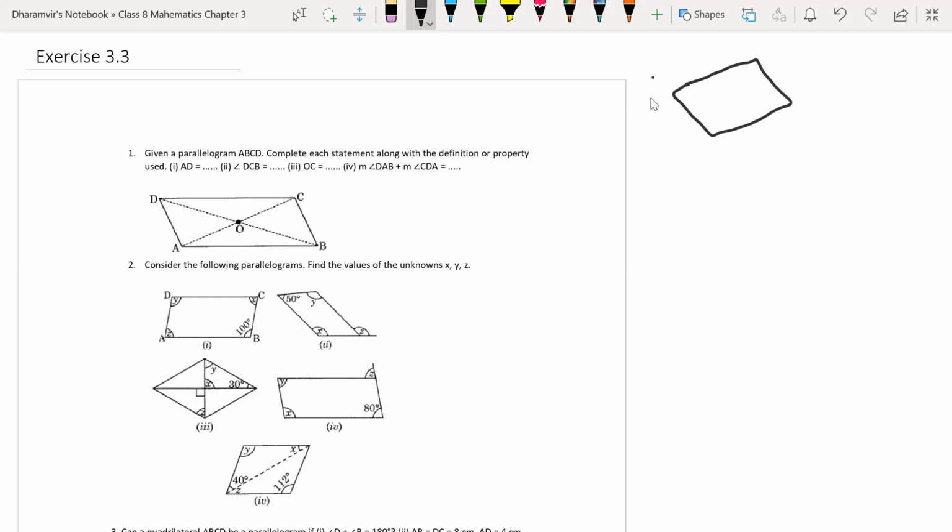This is the parallelogram, D, A, B, C. These are the diagonals, and O is the center point.